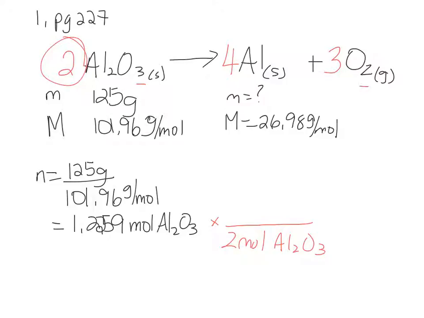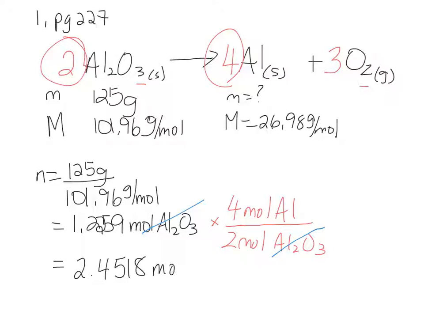And on the top, we're going to put the substance that we want, substance B. And there's 4 moles of that. So moles of aluminum oxide will cancel. We will be left with moles of aluminum.